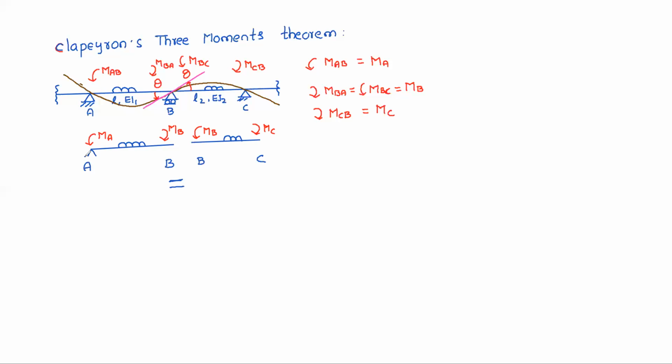Just assume it is simply supported here, because the couples we are applying separately, so we can assume this as simply supported, like this.